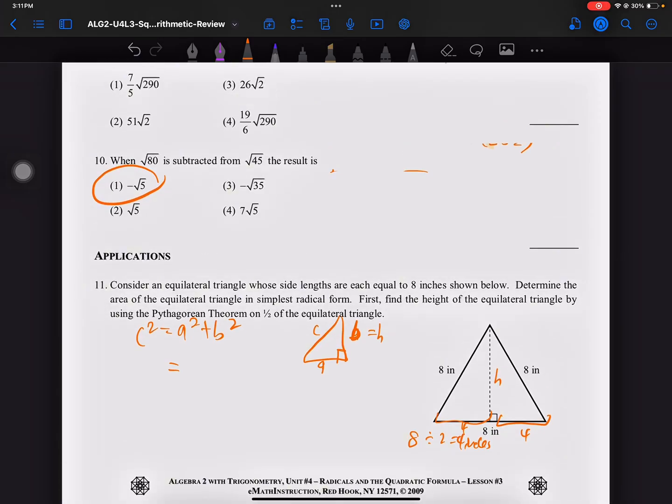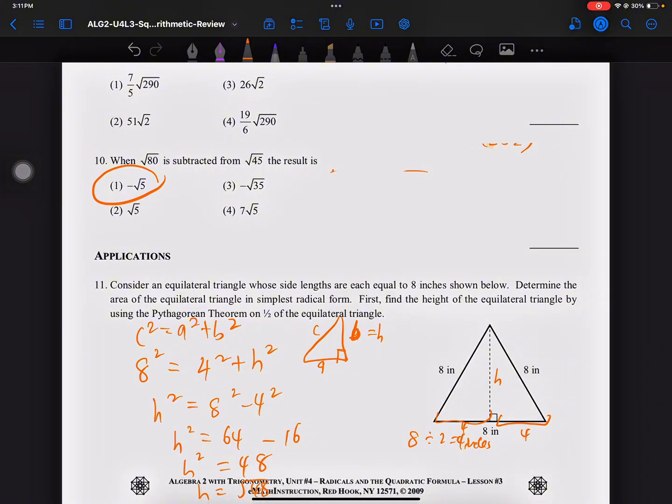So c is 8, so 8 squared equals 4 squared plus h squared. Now to find h squared, it is 8 squared minus 4 squared. So we solve it, h squared is 64 minus 16, which is h squared is 48. h is √48.